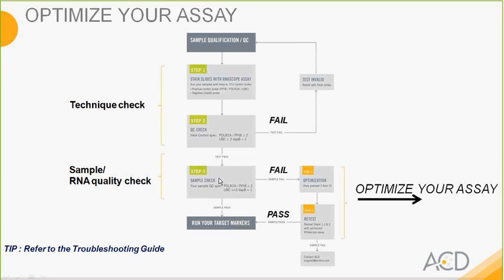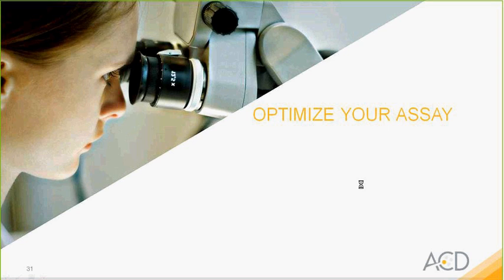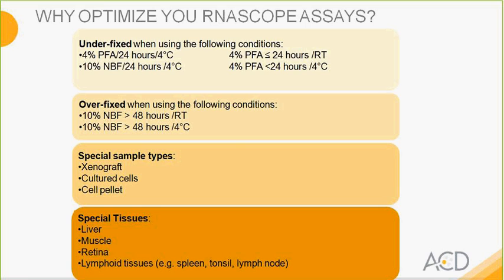And if the sample quality check fails, you can optimize and retest. Once the sample check has passed, you should proceed with your target markers. If the sample check fails, perform optimization of your assay. We will now review optimization of your assay.